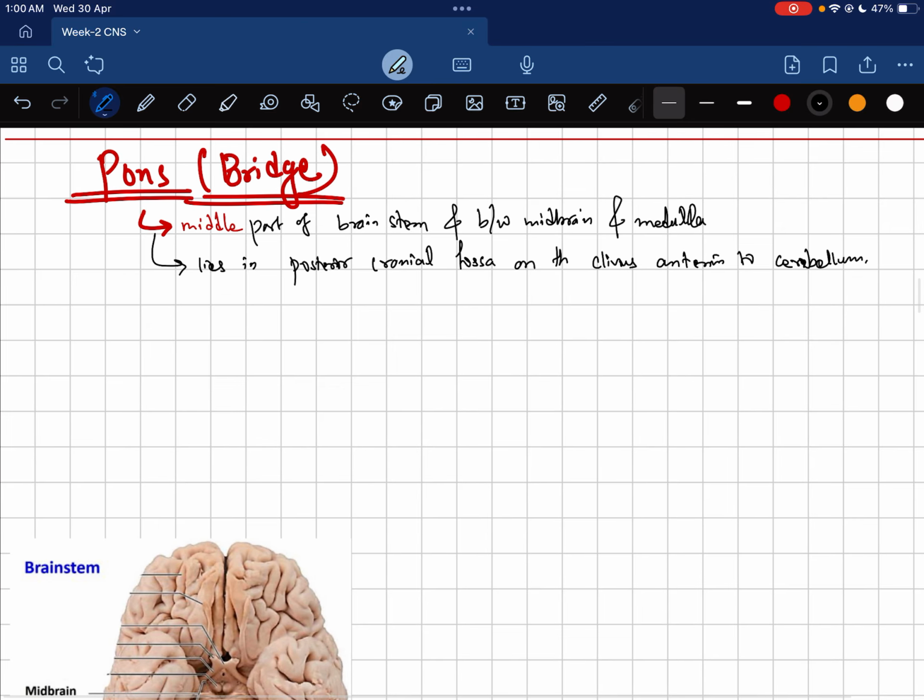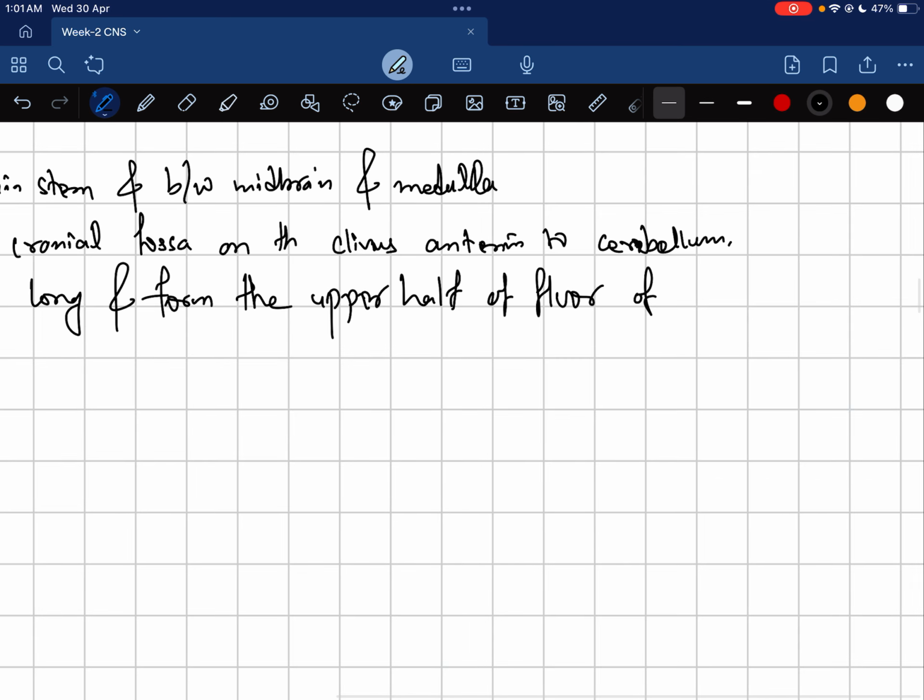And when we ask about dimension, it is about 2.5 cm long and forms the upper half of the floor of the fourth ventricle.